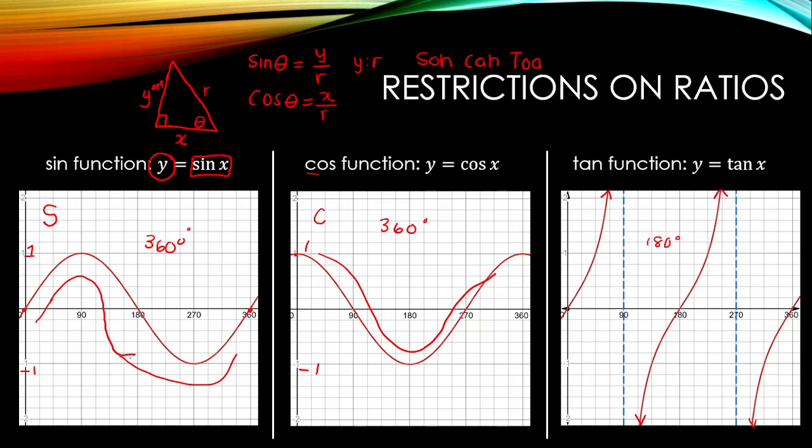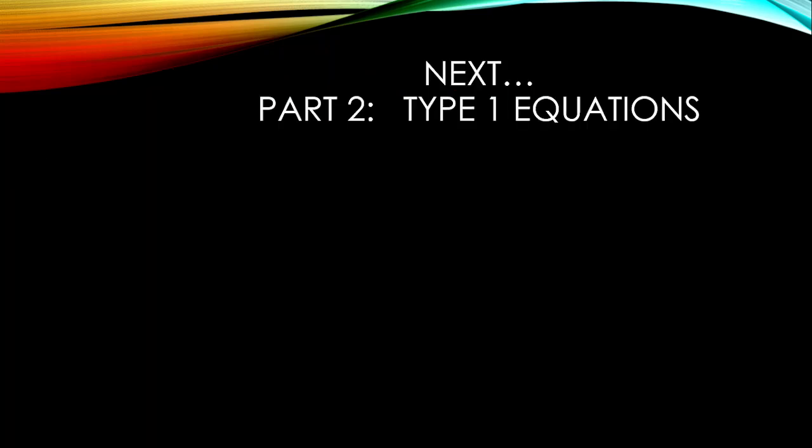Hopefully that was helpful. I do feel like that's all that you need to know about these three graphs for now. So our next part 2 would be us looking at linear equations, type 1. Just a little thing before we start this: pop in the comments if you know what I'm talking about.